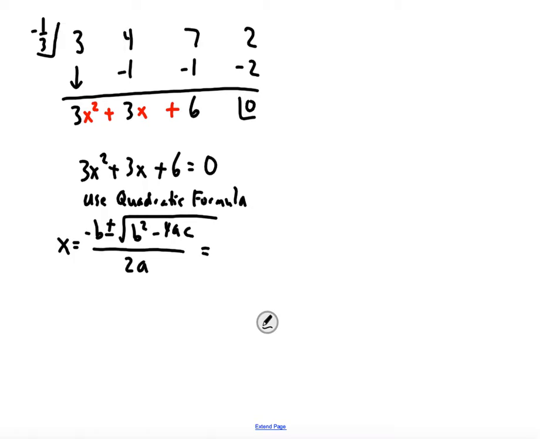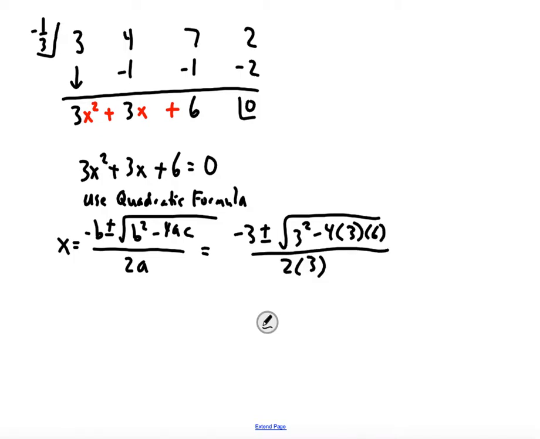So plug your values in there. So b there is 3, so the opposite of 3 is -3, plus or minus the square root of 3 squared minus 4 times 3 times 6, all over 2 times a.